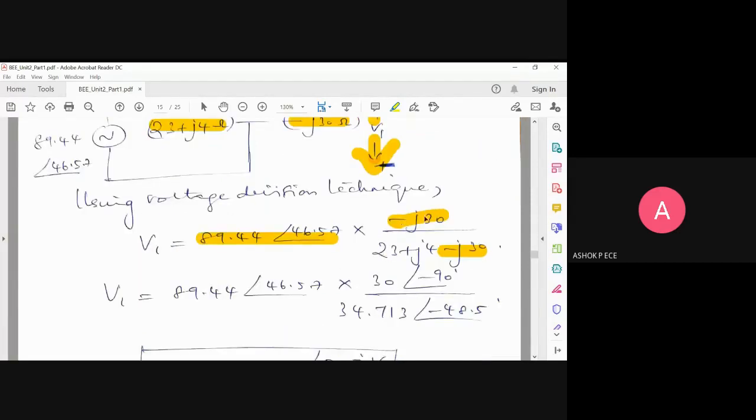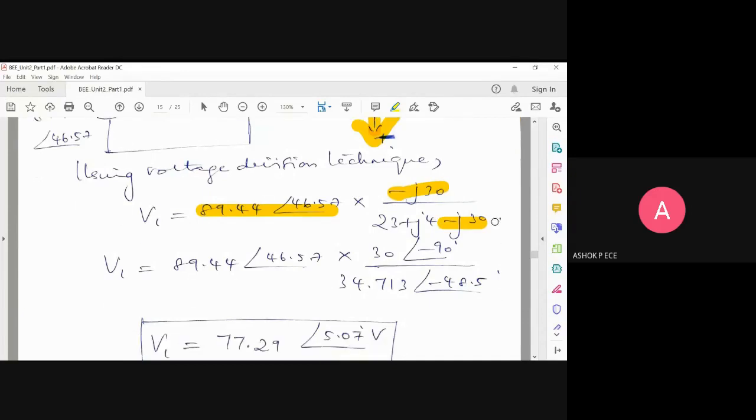So see here, minus J30 by 23 plus J4 minus J30. Again, you see multiplication and division. So naturally, you will find it comfortable converting this into polar format. So minus J30, as you asked previously, it is coming now itself. So minus J30 means, see here, 30 angle minus 90. If you miss this minus, it is gone. The entire answer will be wrong.